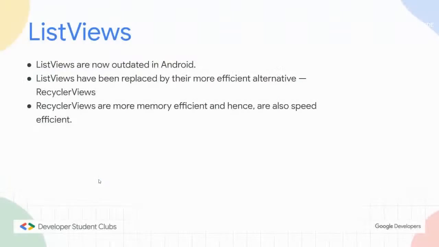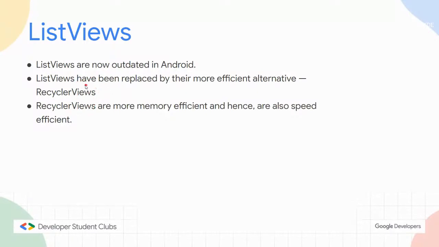So, list views. Just a quick refresher on what we did last week. List views are a way of implementing lists of items. As you saw in the previous app where we had a list of dogs, we used list views to implement that. But they have become outdated. Yes, list views are now being replaced by the more efficient alternative, recycler views.